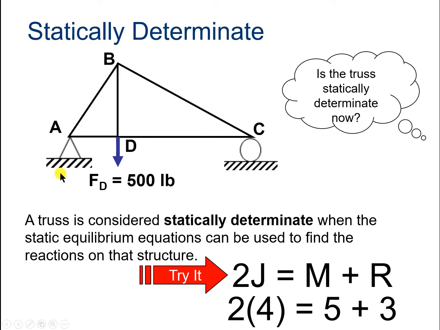Currently we just have up and down, left and right, and up and down. So we've reduced that to 3. Up and down is one reaction force. So this is a statically determinate truss, so we can go in and find what the compression and tension forces are in the truss.